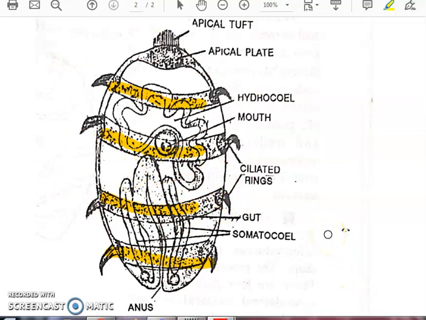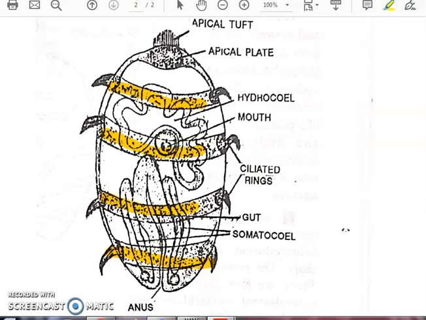So in this, metamorphosis takes place gradually during free swimming life. And tentacles appear earlier than the functional tube feet. When this larva starts metamorphosis and changes into the adult form, it is called pentacula larva at that stage of life.